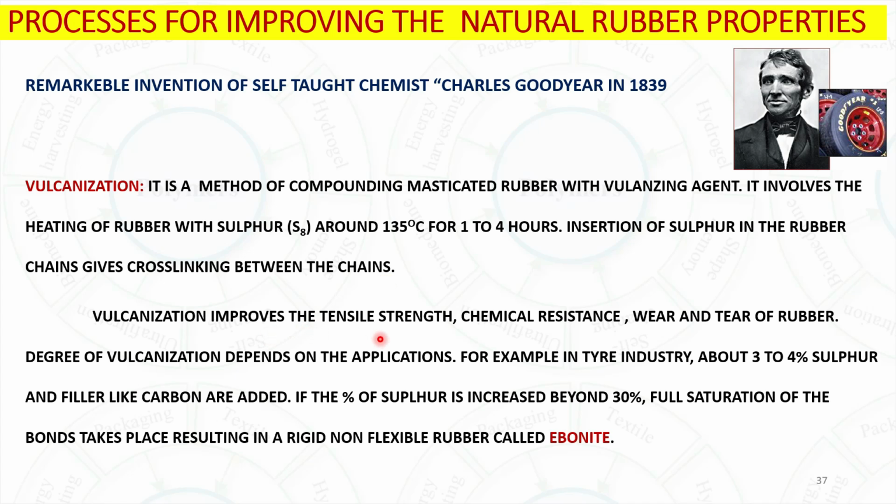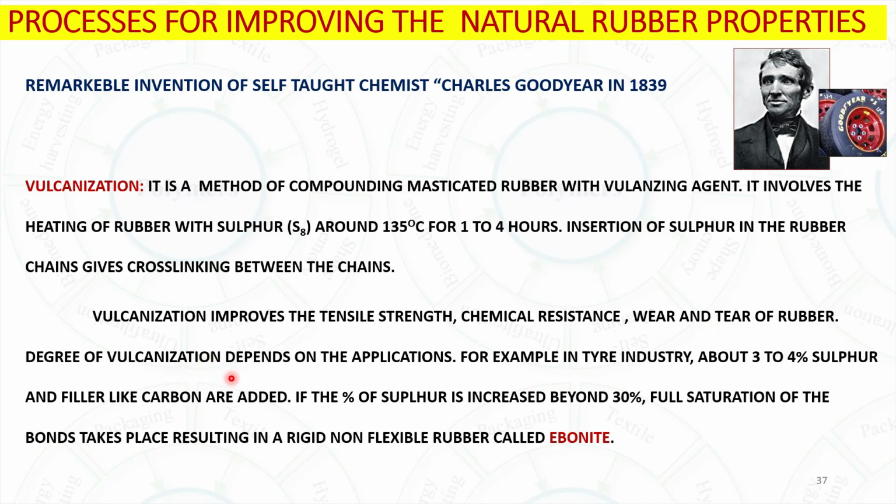Vulcanization improves the tensile strength, as I have explained, chemical resistance as well, and wear and tear resistance of the rubber. So this vulcanization process is so important for rubber because it gives very high tensile strength to the rubber. It also provides safeguard against attack of chemicals, and wear and tear as well.